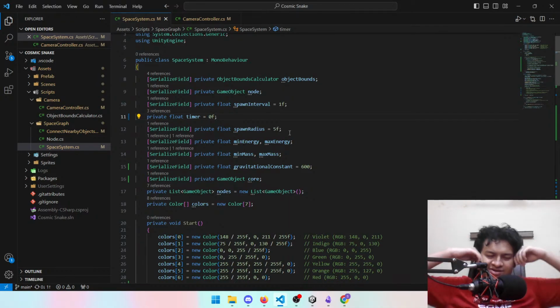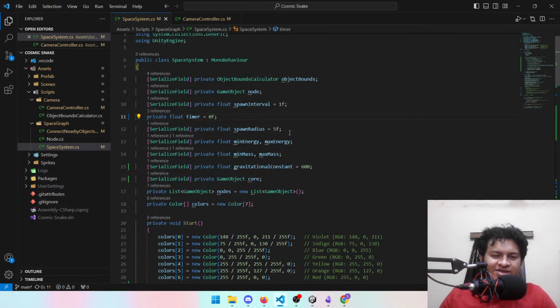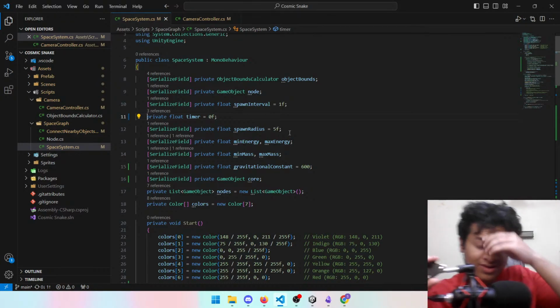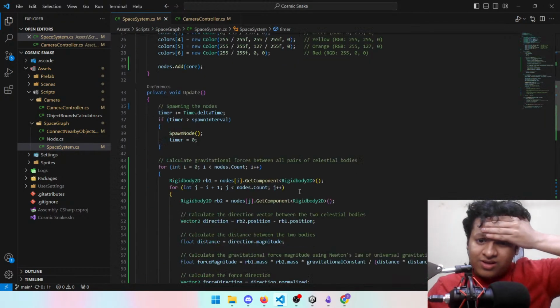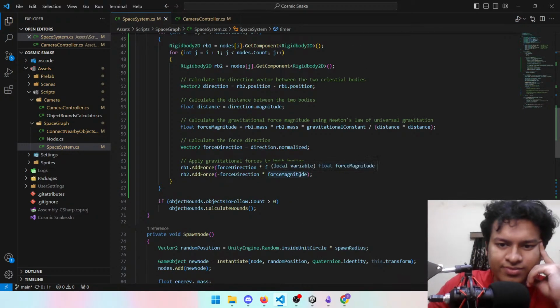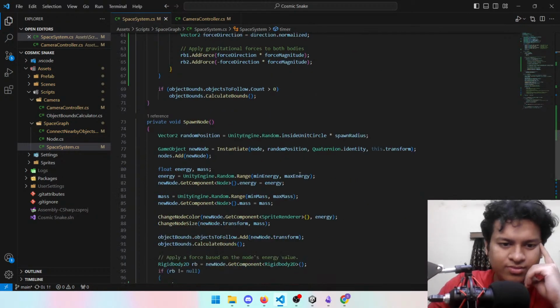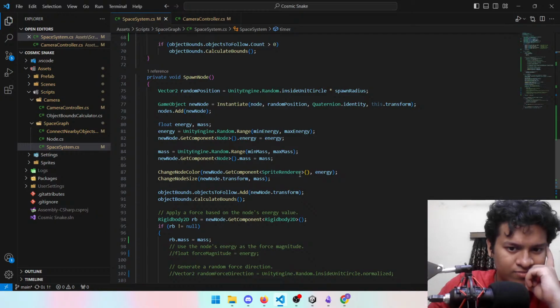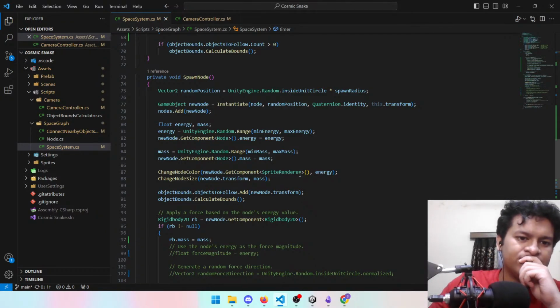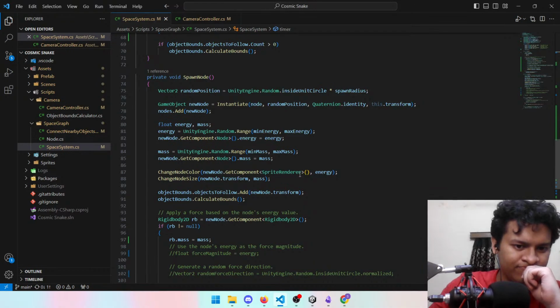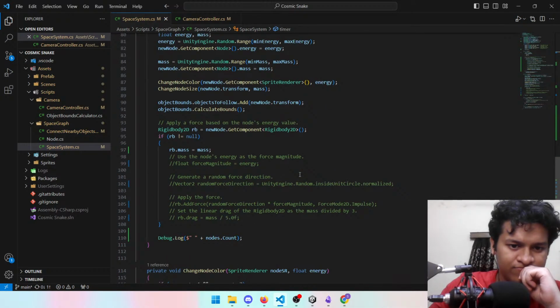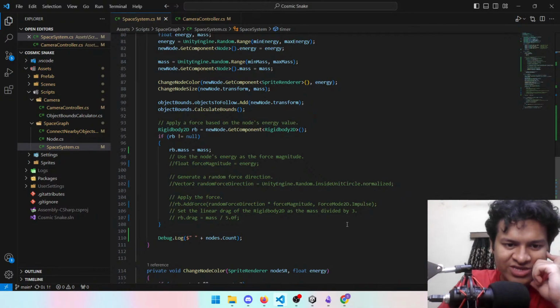I mean, we have gravity. I think now I will make it be expelled from the core, I guess. This thing is gonna come back into the picture for the expelling.